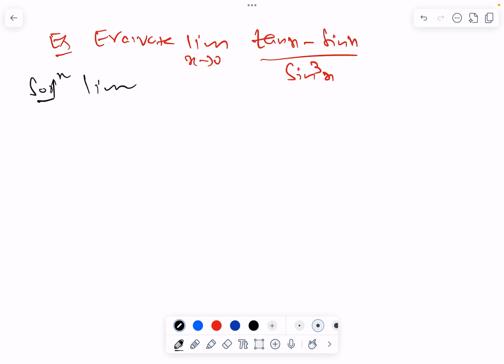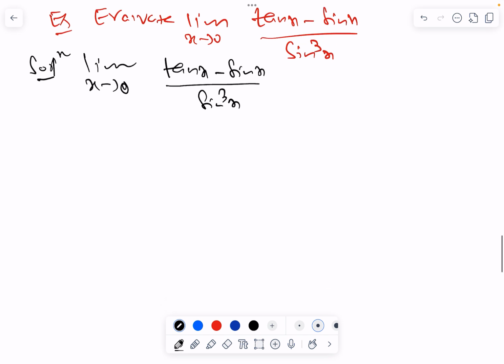So limit x tends to 0, tan x minus sin x over sin cube x.